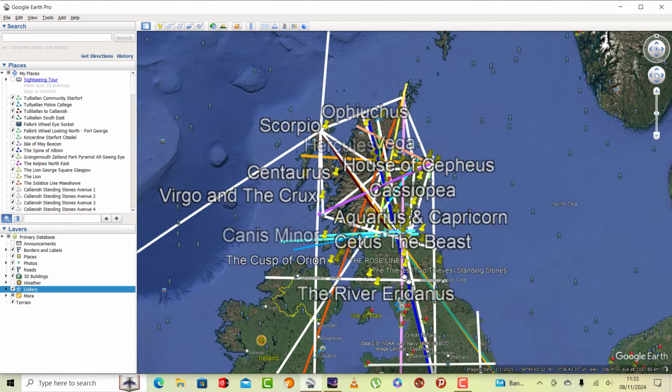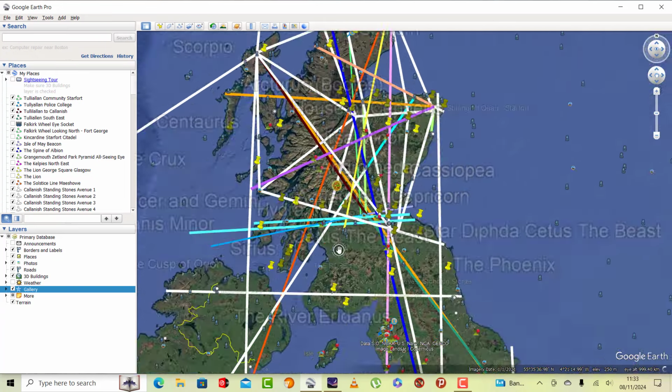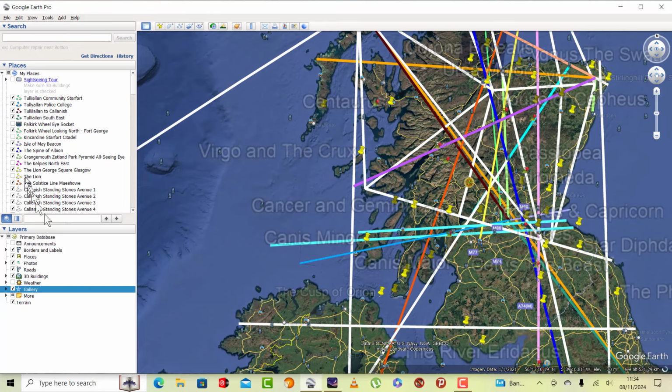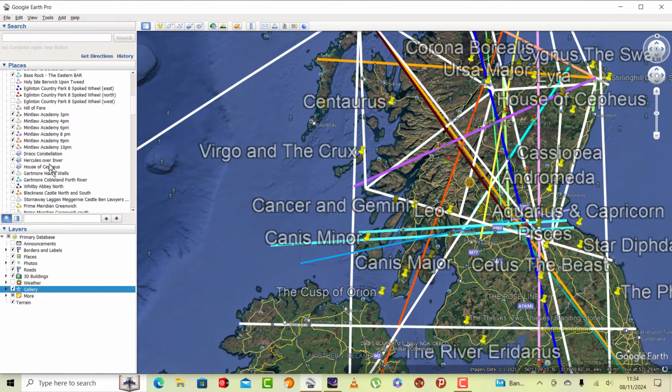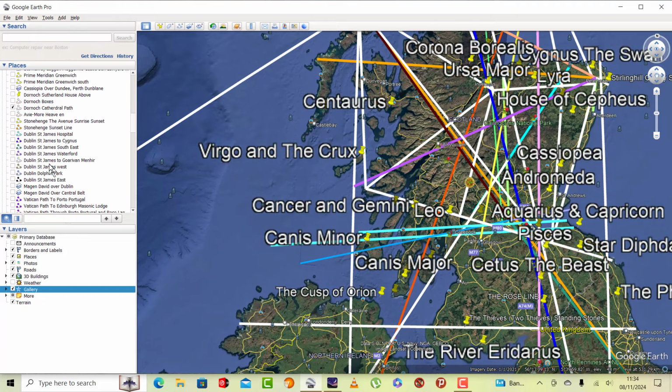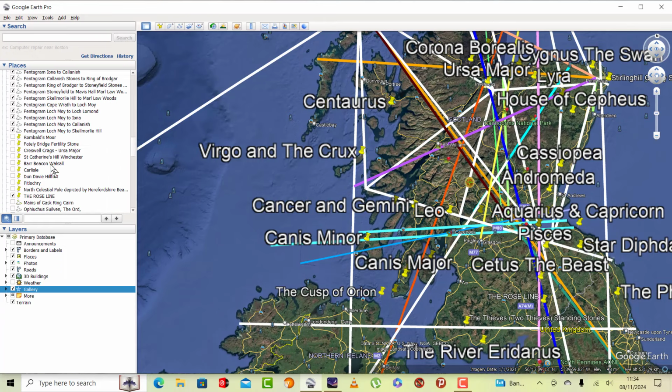And of course, these are only some of the ley lines. If we look to the side here, on my list, there are so many unticked boxes, so many ley lines that I haven't even put into this map yet, that I am still working on.